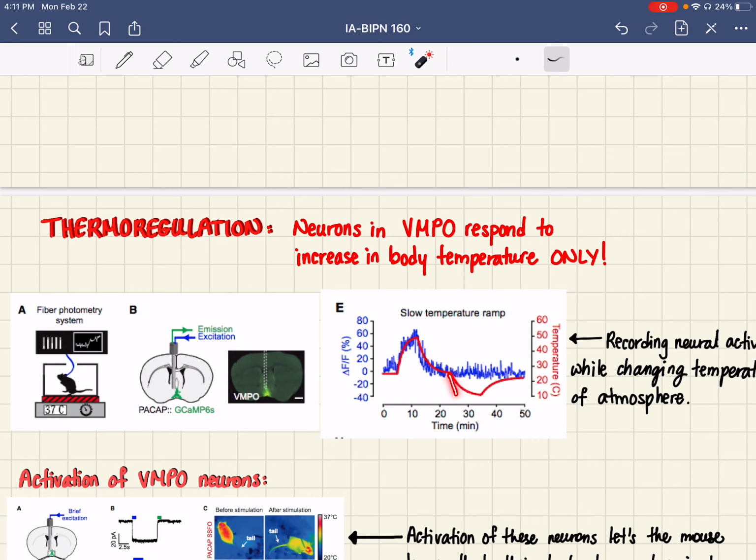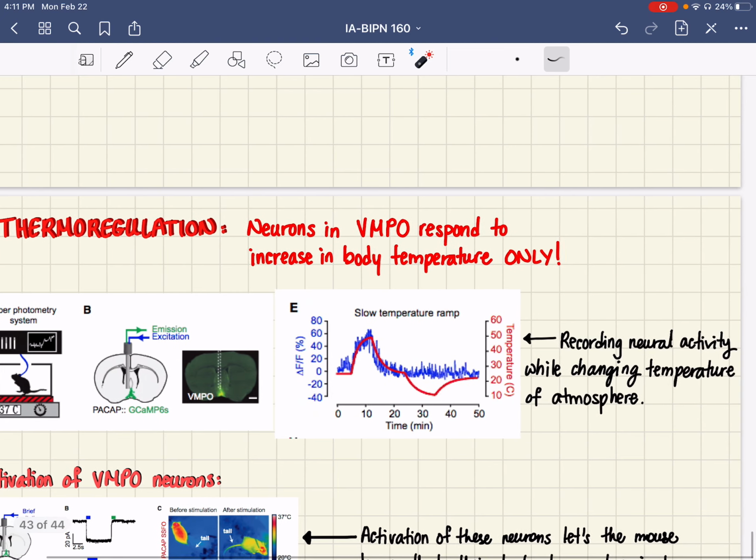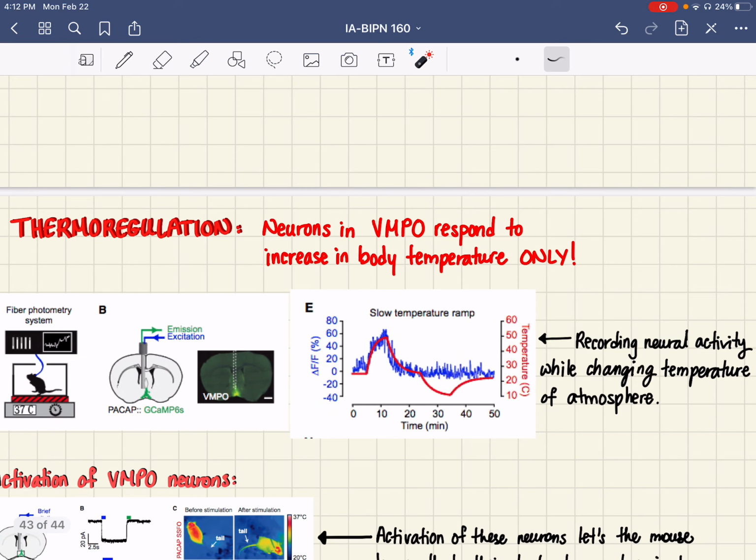Okay, when it dips below regular body temperature, these neurons don't fire along this path. So those neurons don't fire when there is a decrease in body temperature, and only when there is an increase in body temperature. Okay, I've summarized it here for you, recording neural activity while changing temperature of atmosphere.